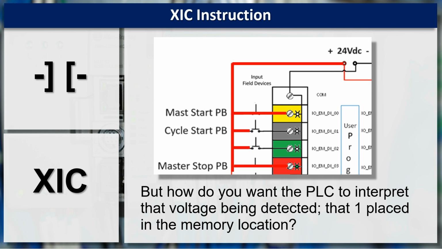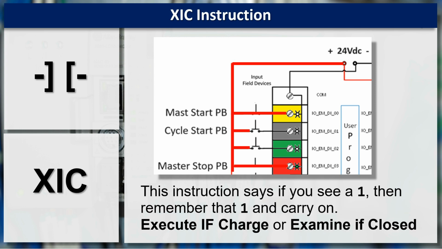But now that you have that, how do you want the PLC to interpret that voltage being detected, that 1 placed in the memory location? Remember, this instruction says if you see a 1, then remember that 1 and carry on. Execute if charged or examine if closed.